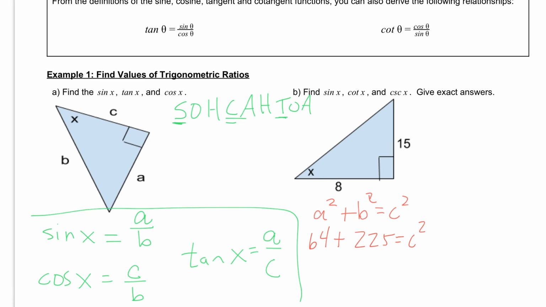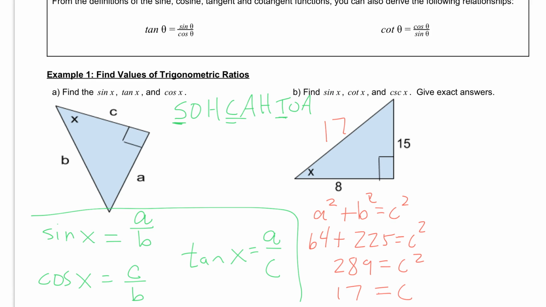And then if we add 64 and 225, we'll get 289, equal to c squared. And to get rid of that exponent, this 2, we can raise both sides to the 1/2 or just take the square root of both sides. And that gives us c equal to 17. And then I'm going to label that on my triangle so I remember that that side there is 17. And I'm going to come and finish up what I need.